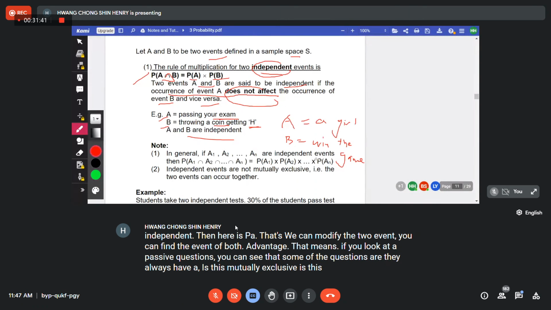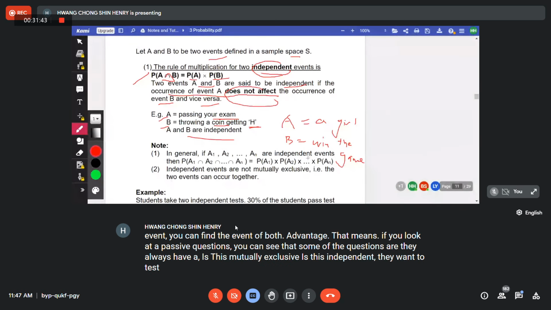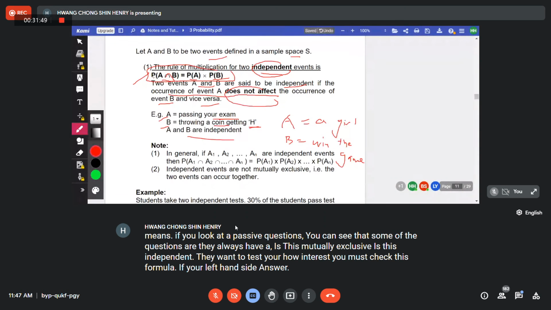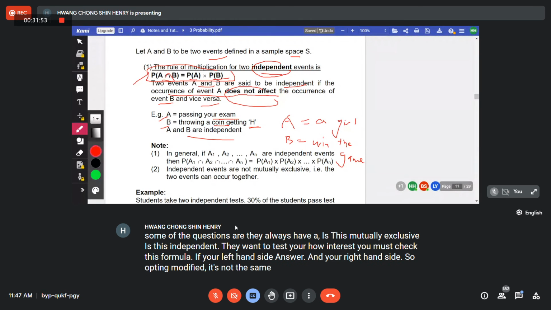Is this independent? To test, you must check this formula. If your left hand side answer and your right hand side answer after you multiply are not the same, then it is not independent. If it's the same, then it's independent.